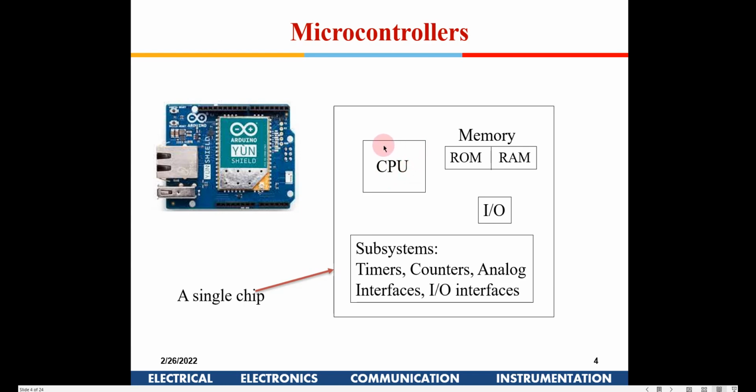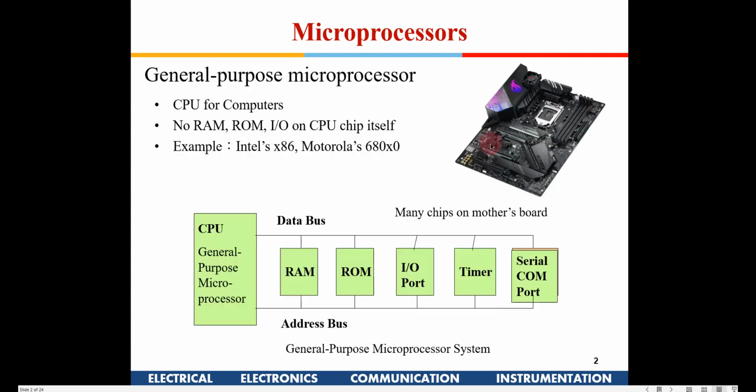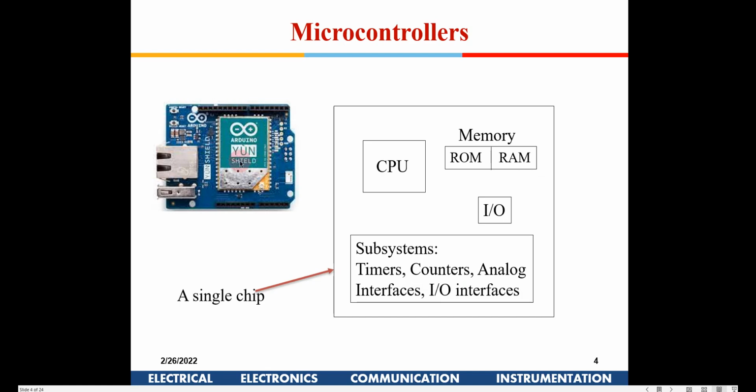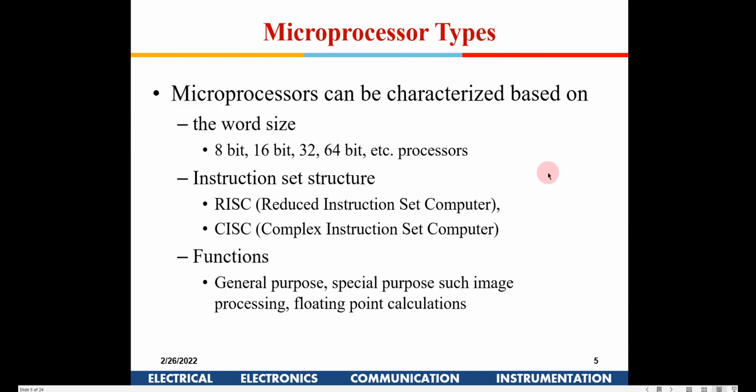So the CPU is not very efficient. It is a scaled down version of the CPU as far as functionality is concerned. But there is no requirement of a big motherboard like this. So it does small functions, but everything is integrated within a single chip. So that is microcontrollers.